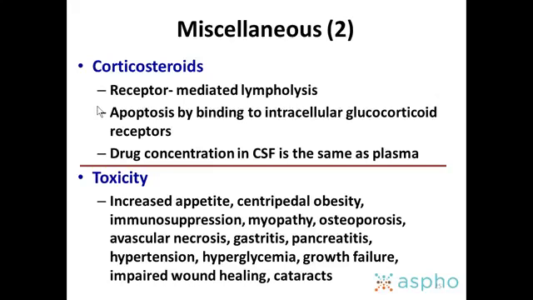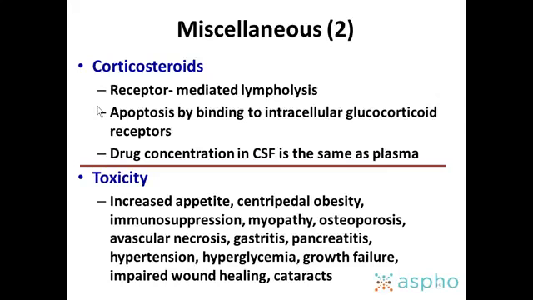Corticosteroids really act by causing receptor-mediated lympholysis. Basically, these steroids go and activate glucocorticoid receptors, which then get translocated into the nucleus, where they dimerize and bind to DNA, and then affect various downstream pathways, which results in apoptosis of the cells.